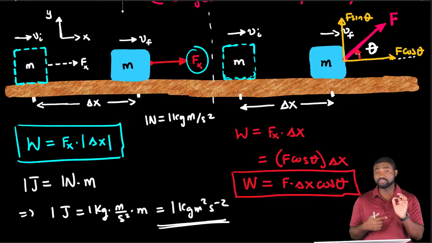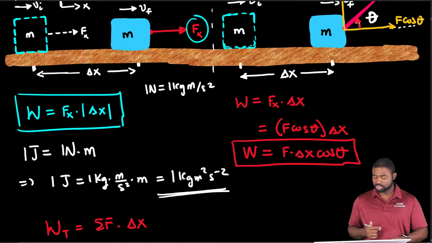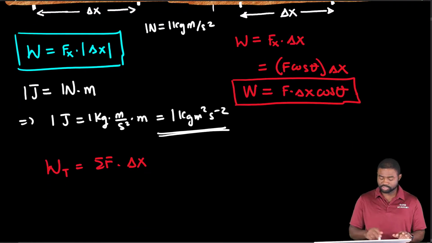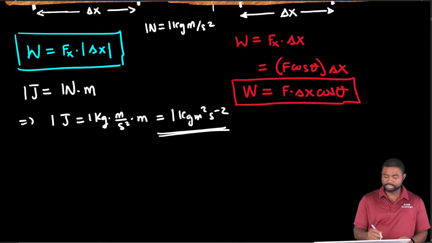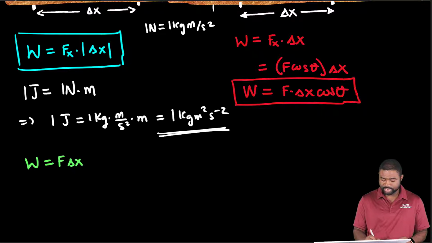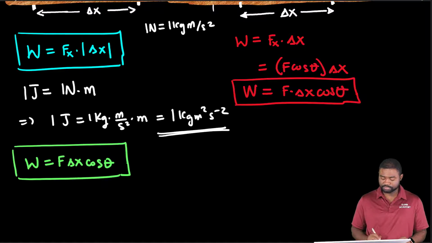But in terms of the definition of work, what does that mean? So let's look at this definition with a critical eye. By definition, work is equal to F delta x cosine theta. This is the definition of work.